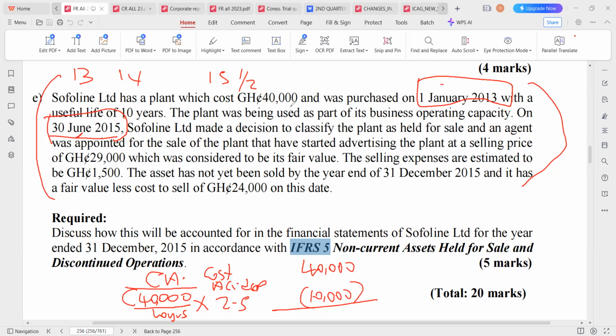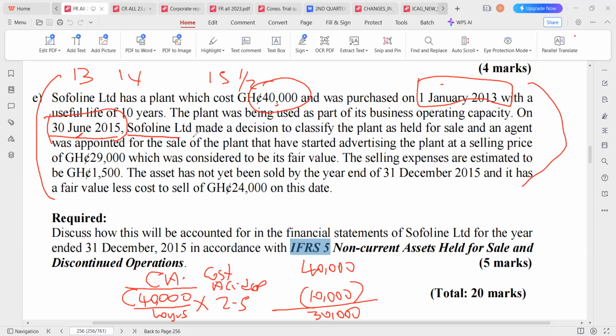Use that to multiply by the depreciation to get accumulated depreciation. Subtract the answer from the original figure they've given you, like the way we've done here, 30,000. Whether it solves the question or not, please do it. We beg you. Then you continue reading again.